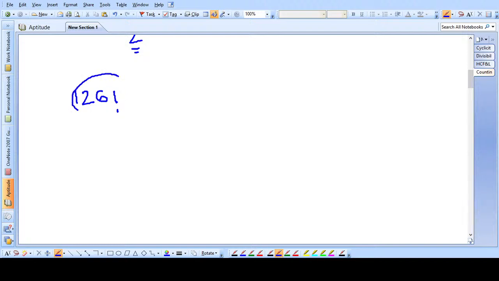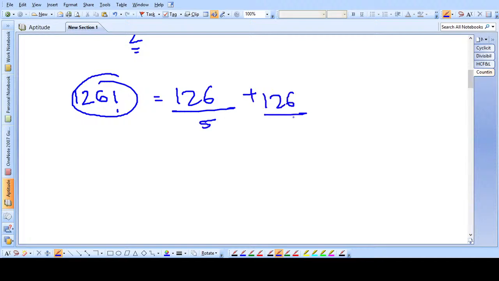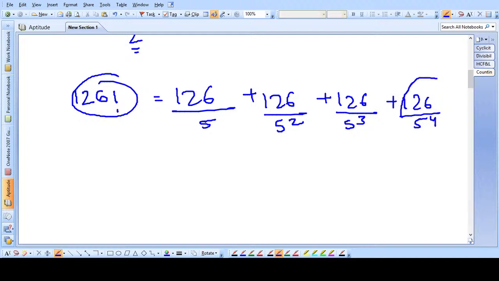Let's do the same thing: 126 divided by 5 plus 126 divided by 5 square, 126 divided by 5 cube, 126 divided by 5 to the power 4. This last number is less than 1.